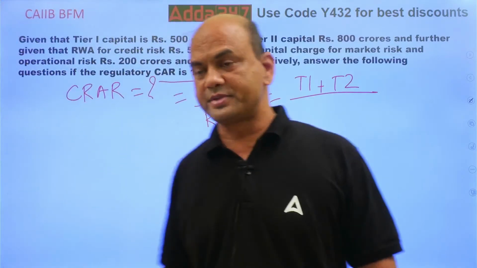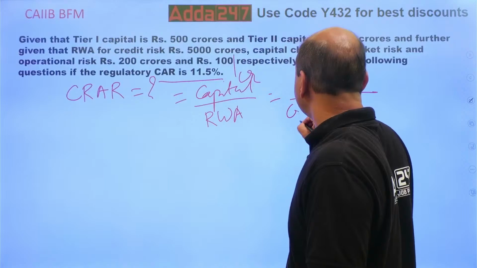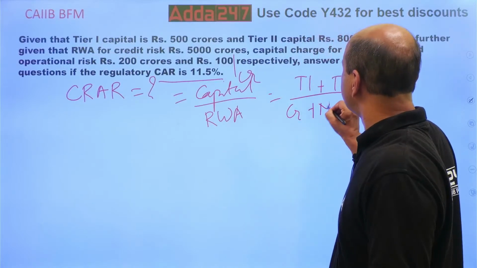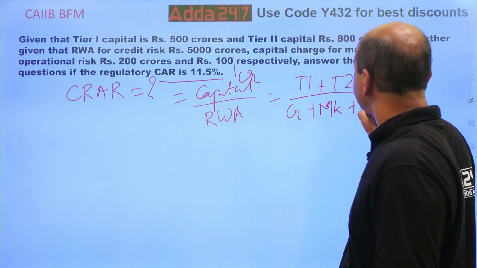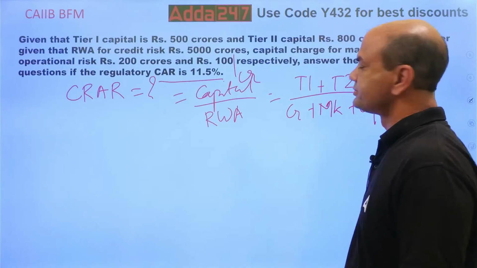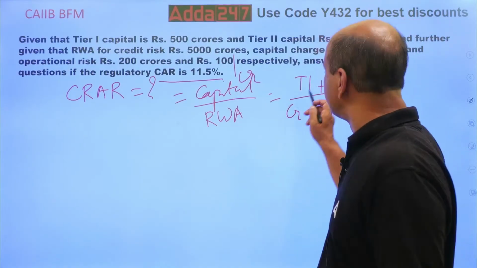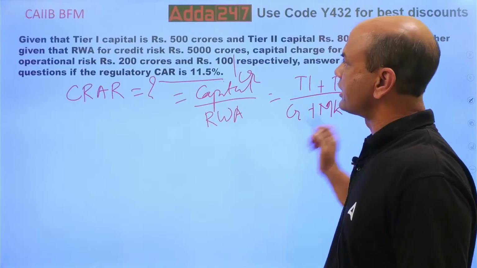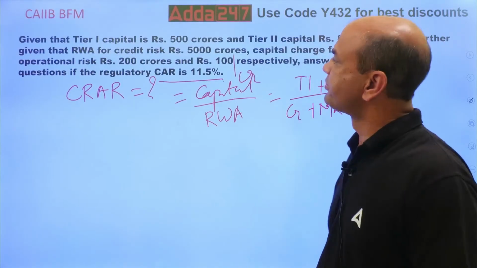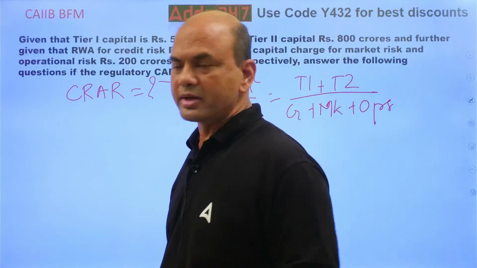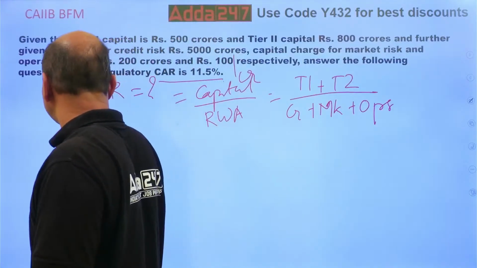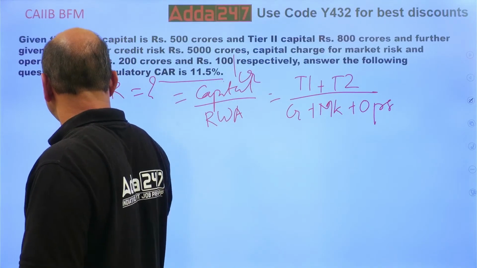RWA is of 3 types: credit RWA plus market plus ops. These are the 3 RWAs. So you have to find both of these, T1 plus T2 and credit, market, ops. Now look at this. Let's focus on capital.